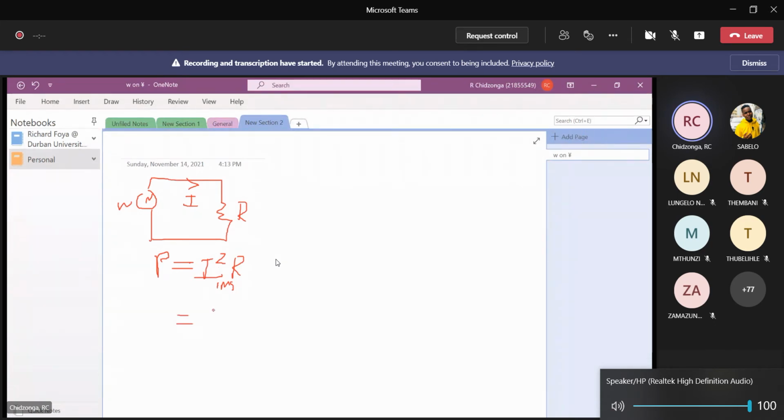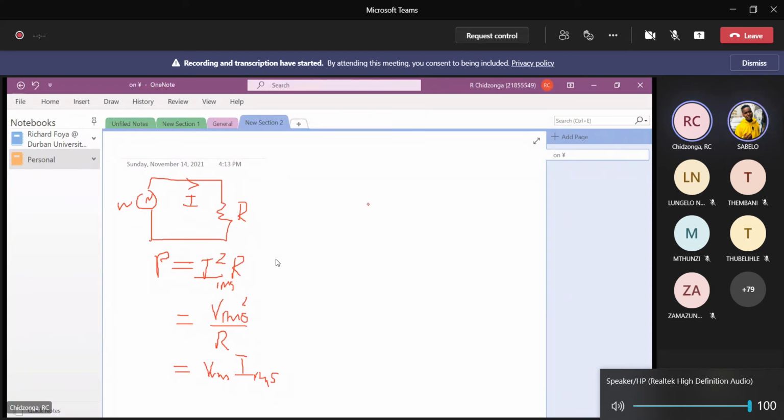Or we can write this as VRMS squared divided by R. Or we can write this as VRMS times IRMS. These equations all give us the same thing, the real power that is used by the resistor. Correct?